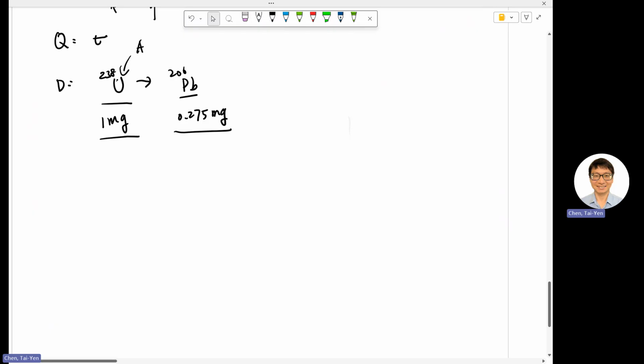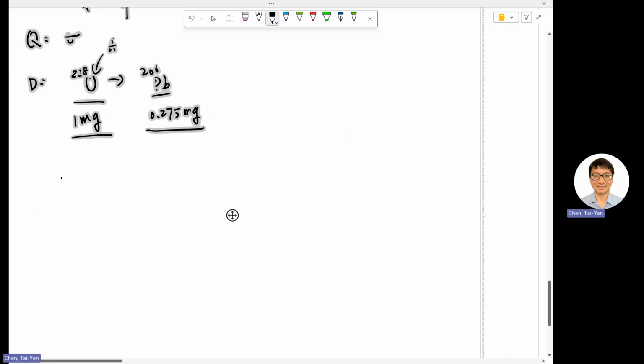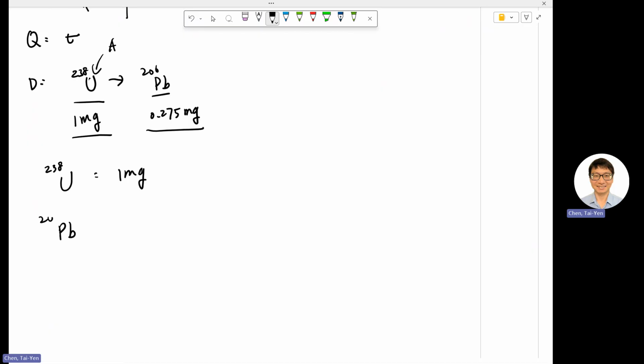So right now, if you have U238, you have 1 milligram. Then your PB206, you are going to have 0.275 milligram, right? So we cannot use the mass. So what do we do? Calculate the mole first. So in this rock, you are going to have 1 times 10 to the negative third over 238.